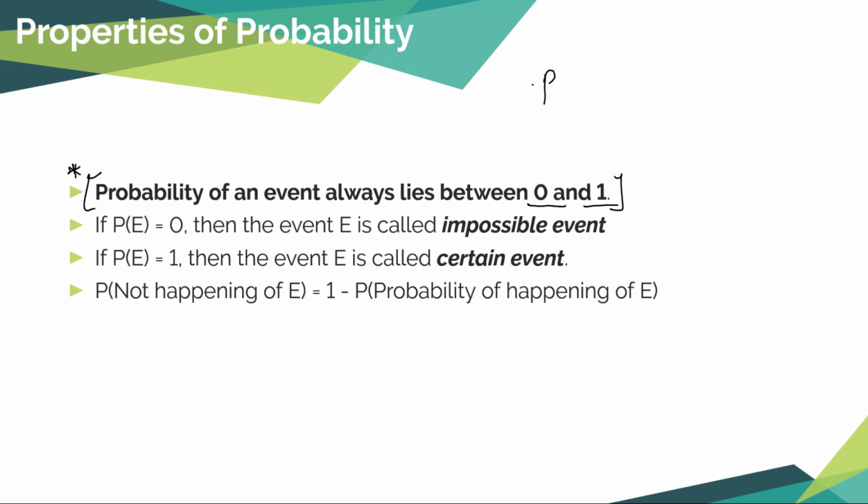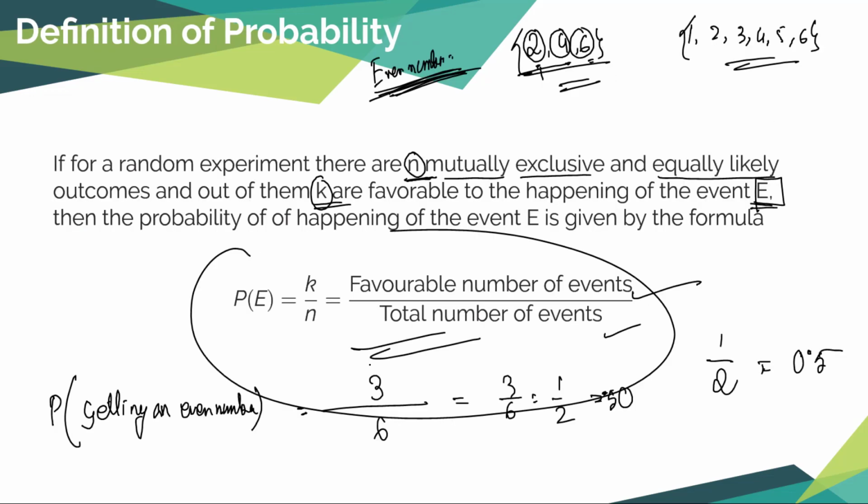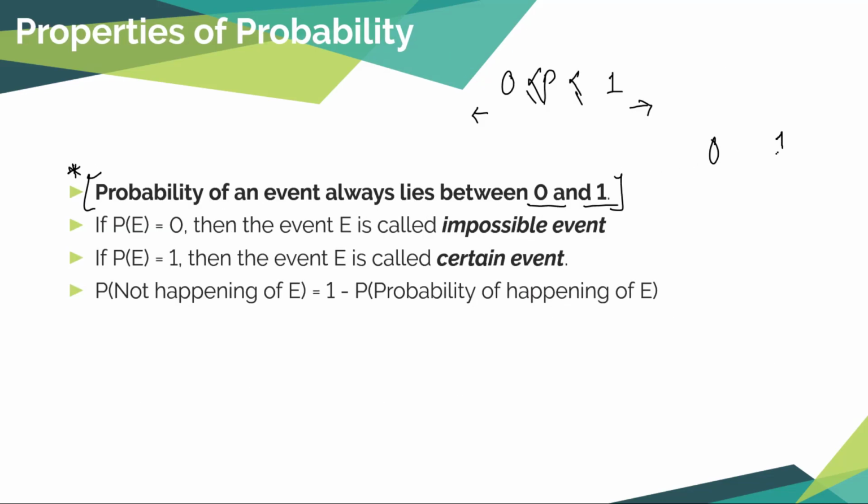So if probability is P, it will always be within this range 0 and 1. It cannot go beyond 0 or beyond 1, right? The minimum possible value for probability is 0, and the maximum possible value for probability, that means the result of this formula, will be 1, right?